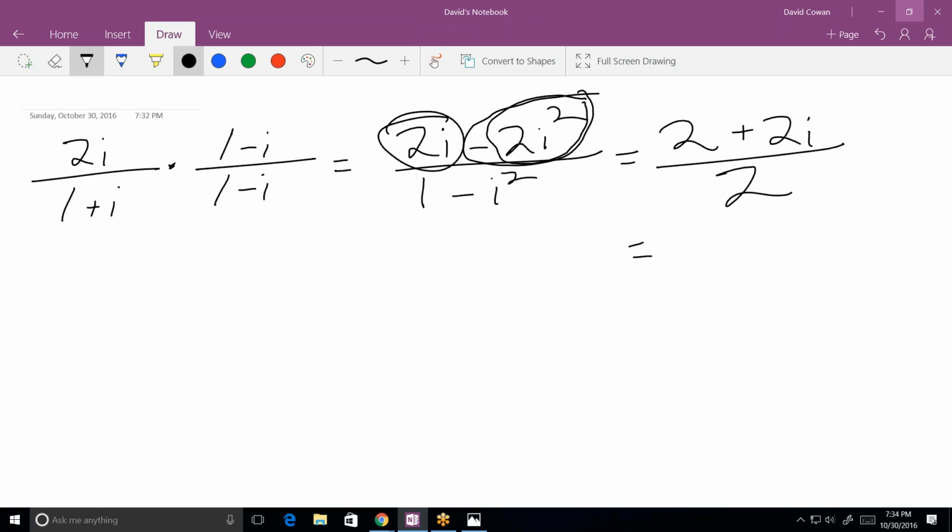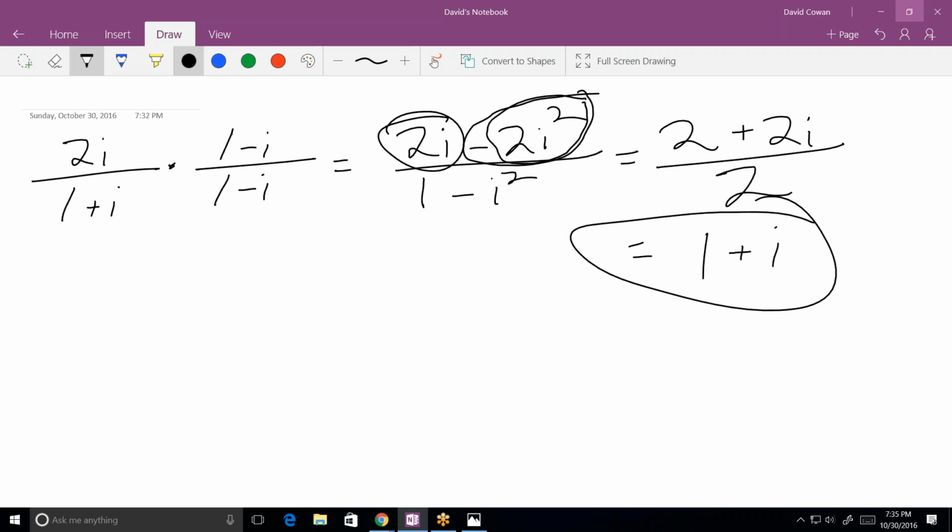You would divide top and bottom by 2. So divide the top by 2. What do you get? You get 1 plus I. Divide the bottom by 2. You get 1. There's your answer. And the beauty of this answer is it's in perfect format. It's in A plus BI format. Got it.